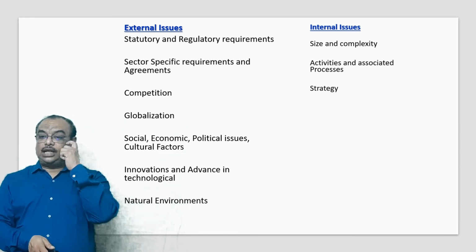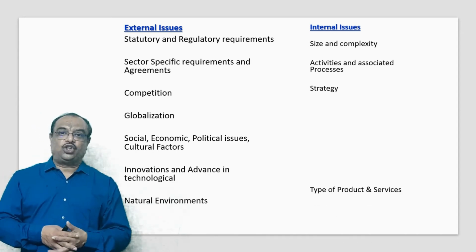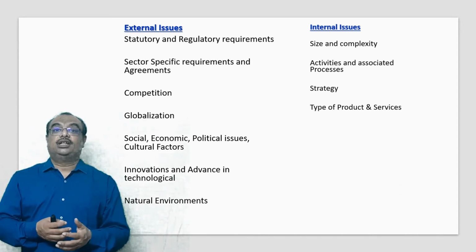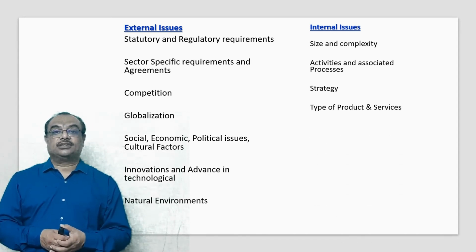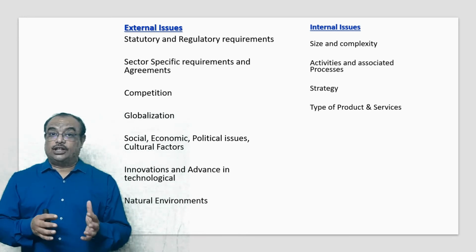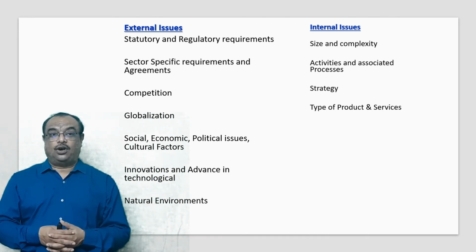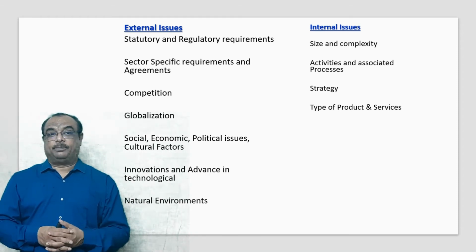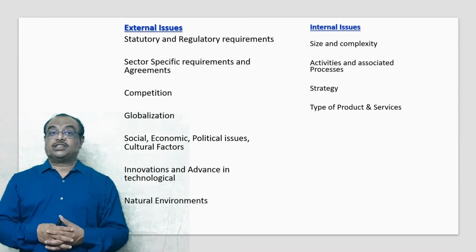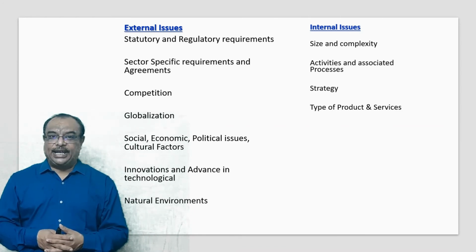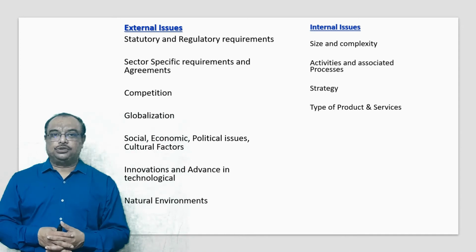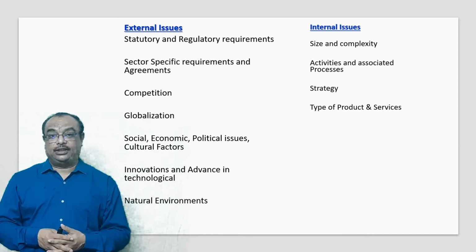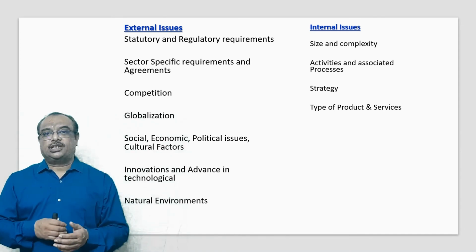And the next is type of products and services. What kind of products and services are we offering to the customers? If the organization doesn't understand the severity of our products and the market expectation from our services, again it will be an issue for our organization, and this comes under the internal issues.